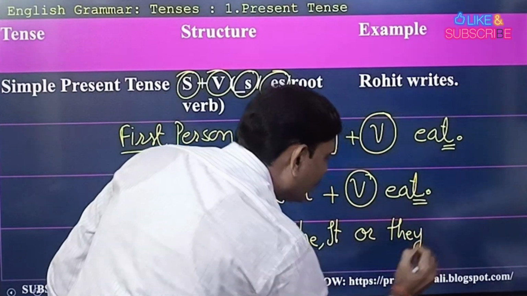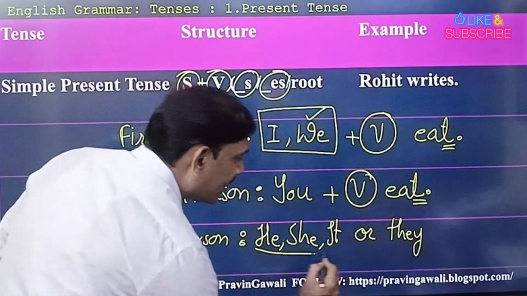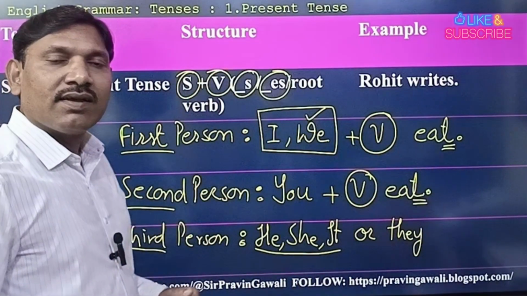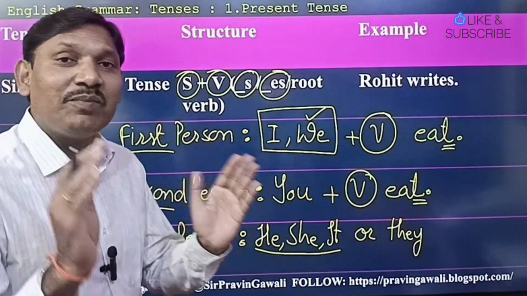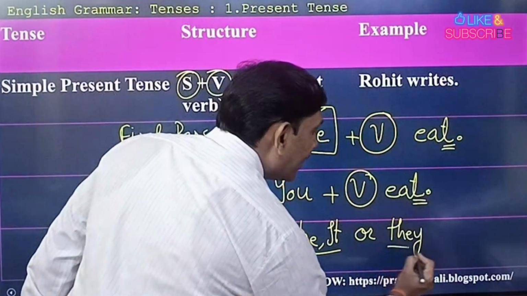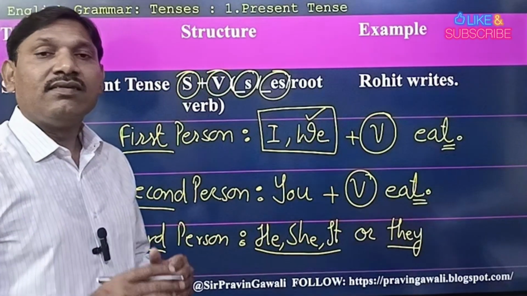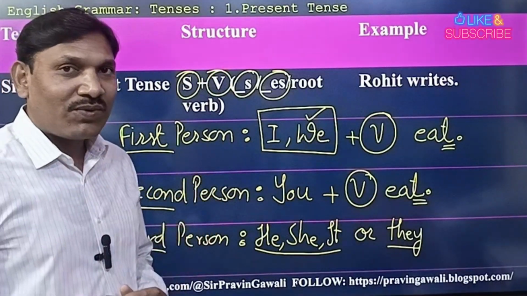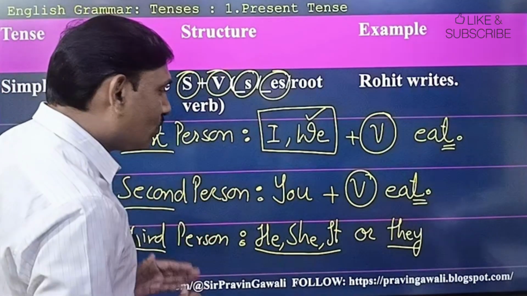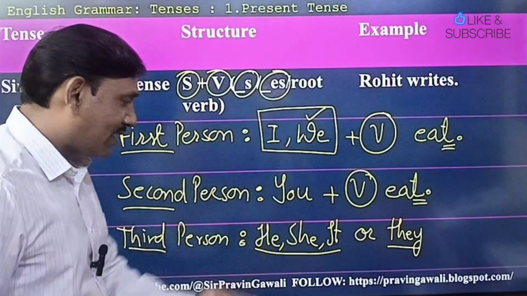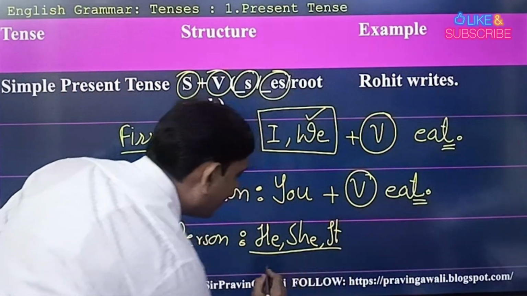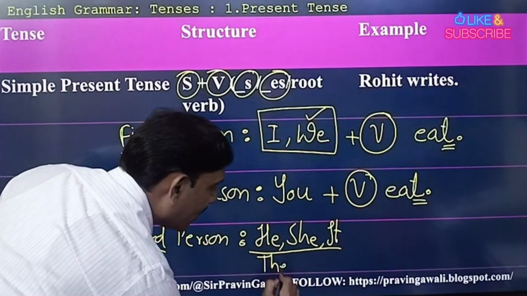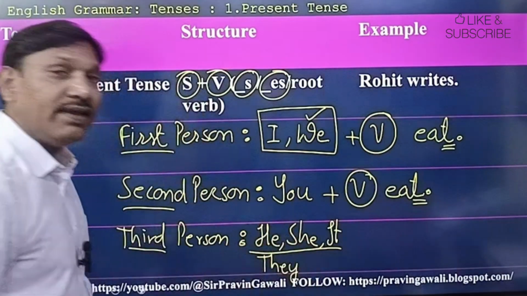Now here, students, he, she, it are singular third person pronouns, and they is a plural pronoun. Understood? So I will write they here. They is a plural one.